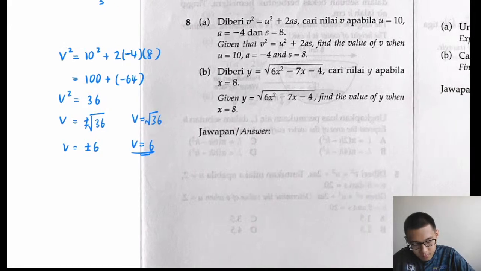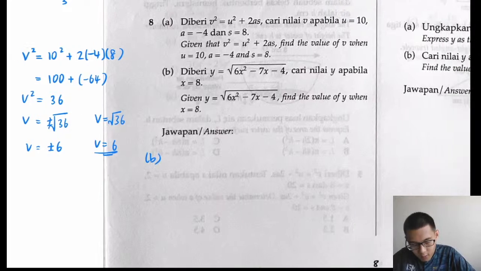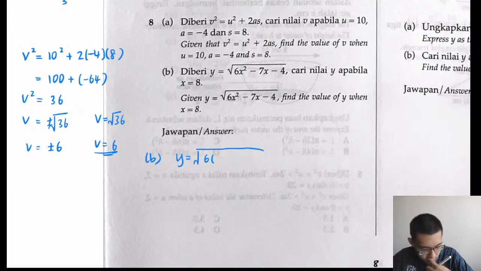For part b, given y equal to the square root of this, find the value of y when x equal to 8. When x equal to 8, I don't want to factorize the inside. I just want to substitute: 8 squared minus 7 times 8 minus 4.